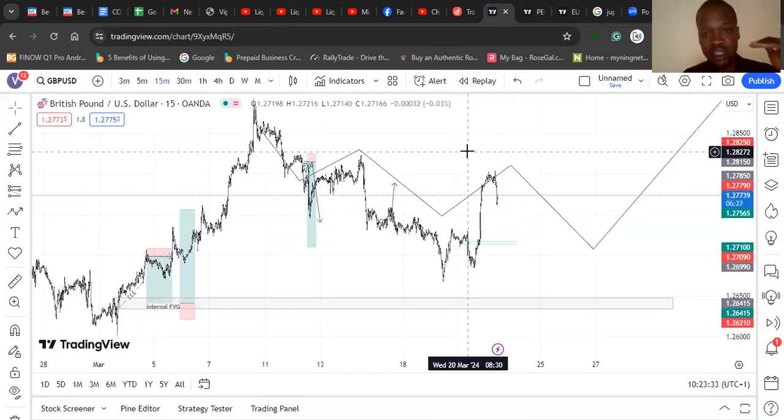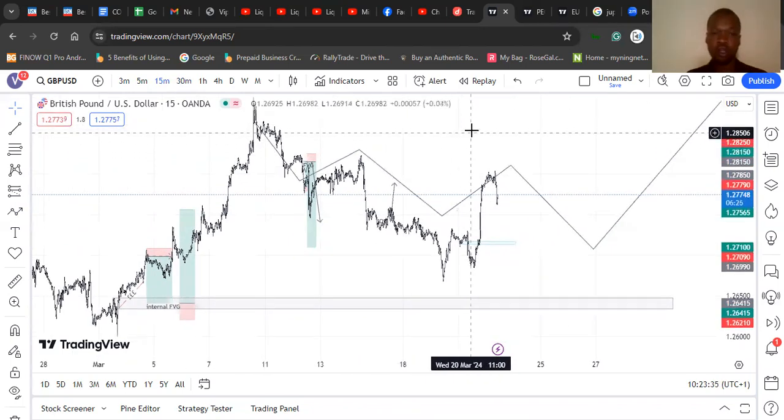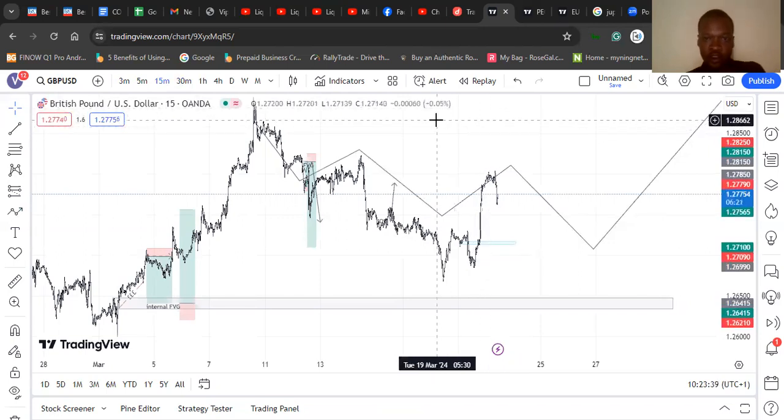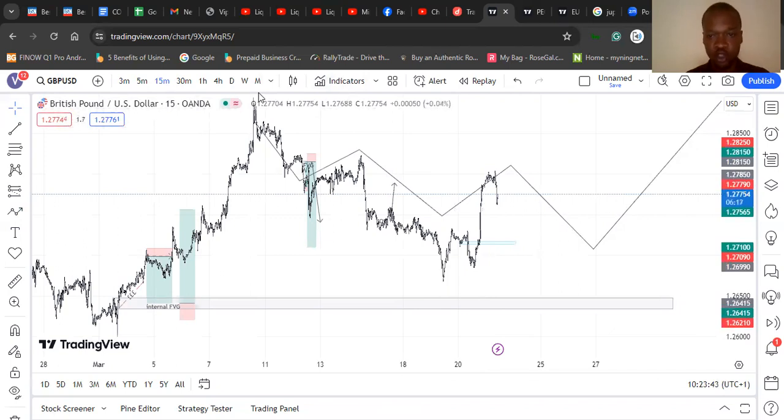So now, this is just how the top-down analysis works. The higher time frame shows you a clearer picture of what the market is really saying than the lower time frame, that's the internal. Looking from the higher perspective, a bigger picture, it's just like using your mobile phone versus using your desktop.